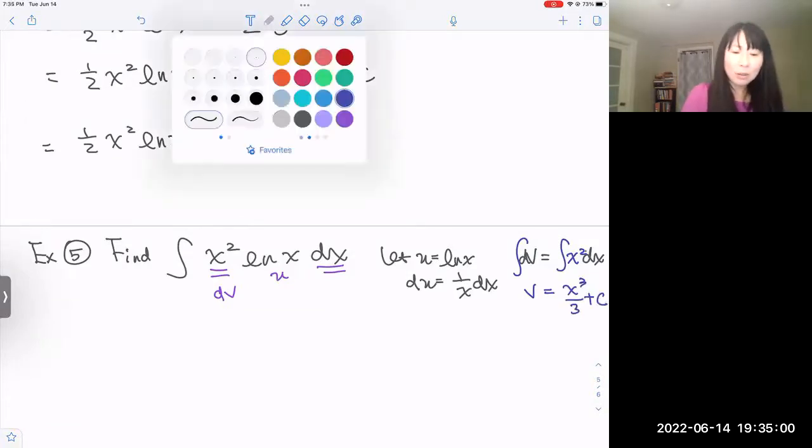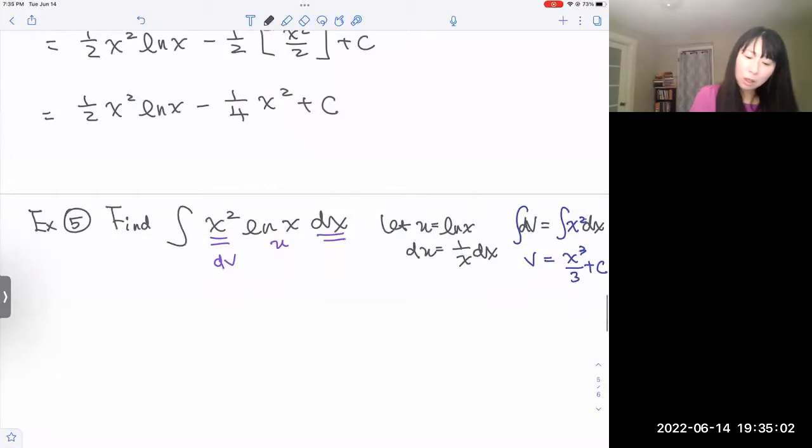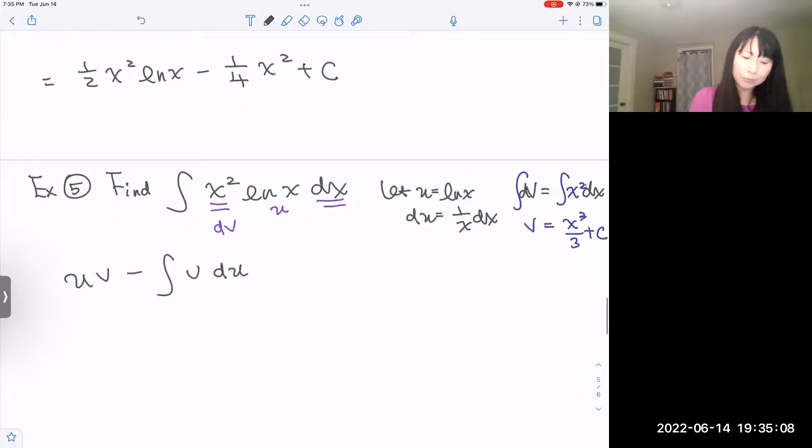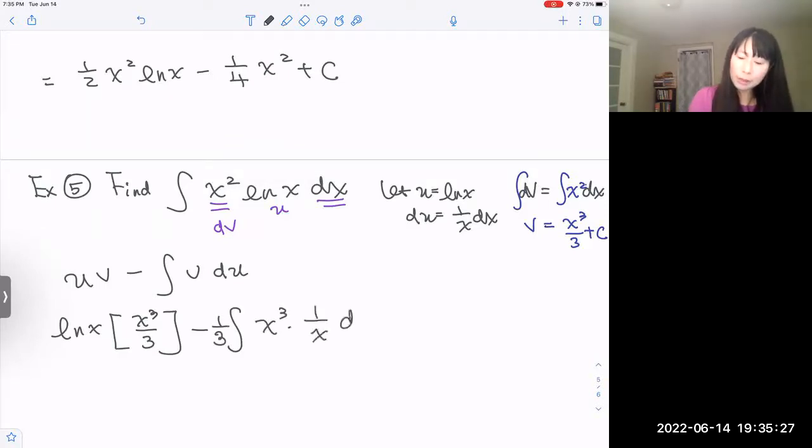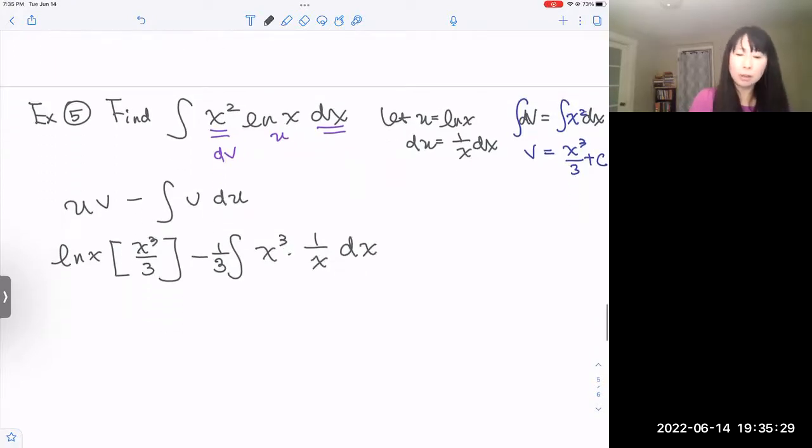Okay, now we are using uv minus the integral of v du. u is ln x, v is x cubed over 3, minus the integral of v, which is 1/3 x cubed, times du, which is 1/x dx, right?